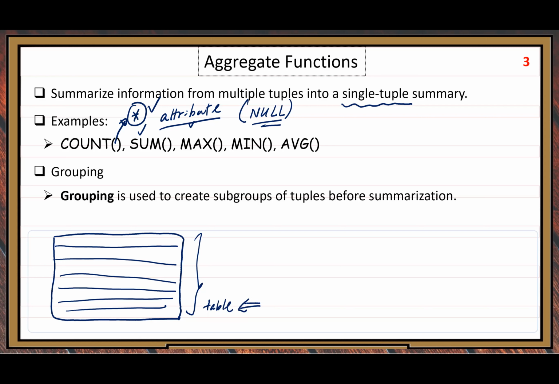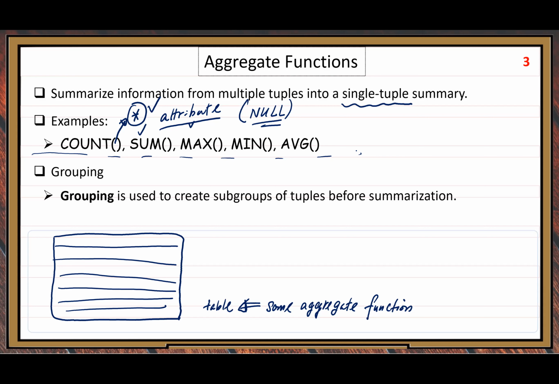We want to apply some aggregate function, but when we apply it, we need to use a special way. Before grouping, we apply aggregate functions on the whole table.